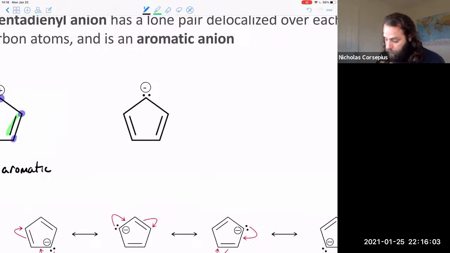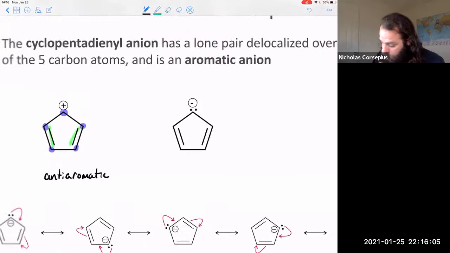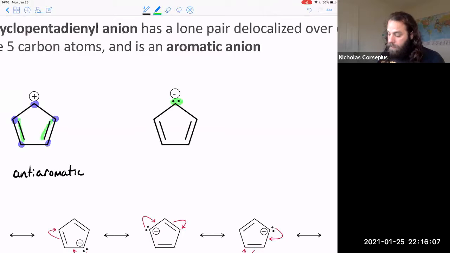Okay, and then if we go over here, instead of having an empty p orbital, it has a full p orbital, a pair of electrons, and that would make it aromatic. There's something here that goes against stuff that we've learned previously.